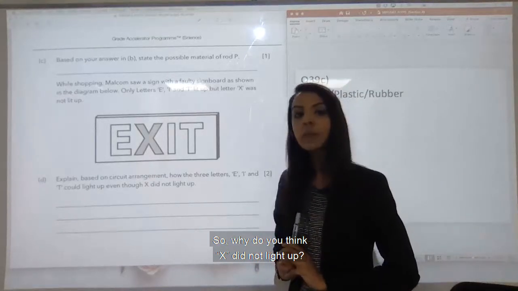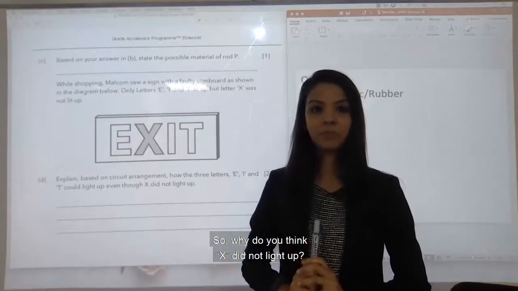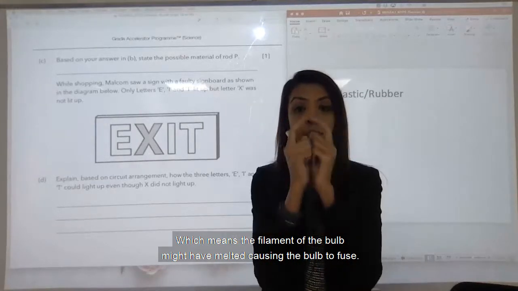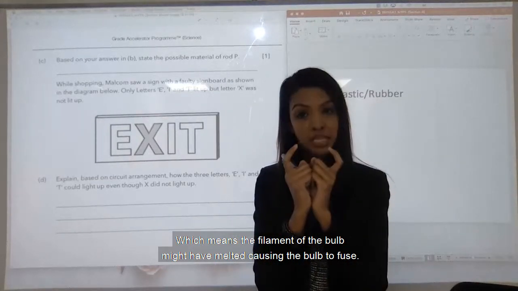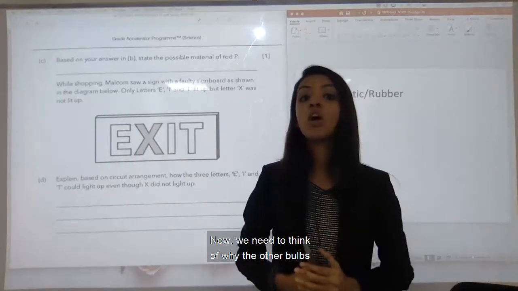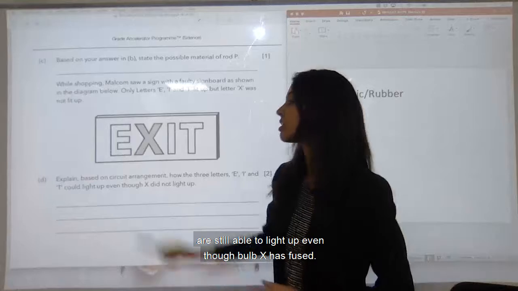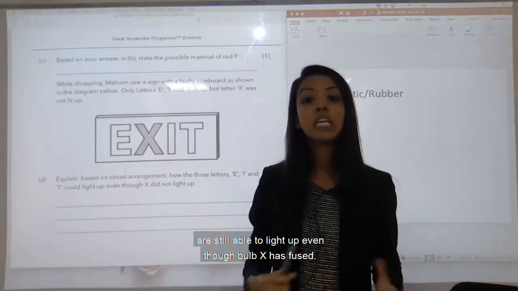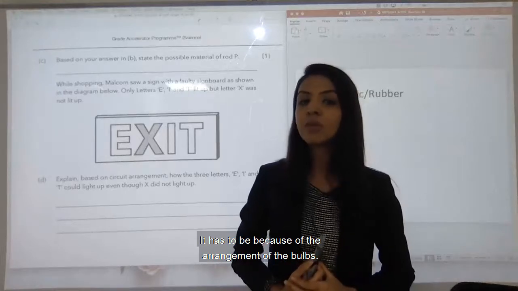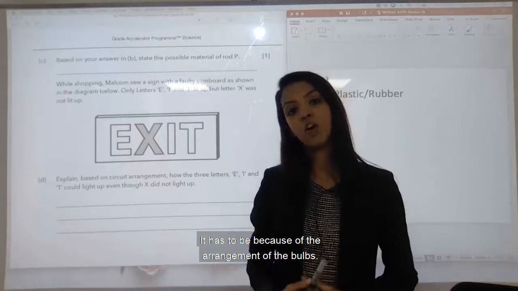So why do you think bulb X did not light up? Bulb X must have fused, which means the filament of the bulb might have melted, causing the bulb to fuse. Now we need to think of why the other bulbs are still able to light up even though bulb X has fused. It has to be because of the arrangement of the bulbs.